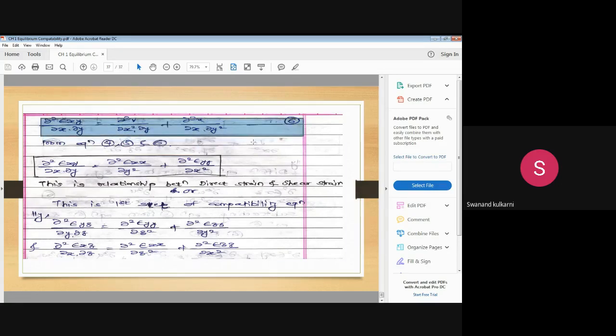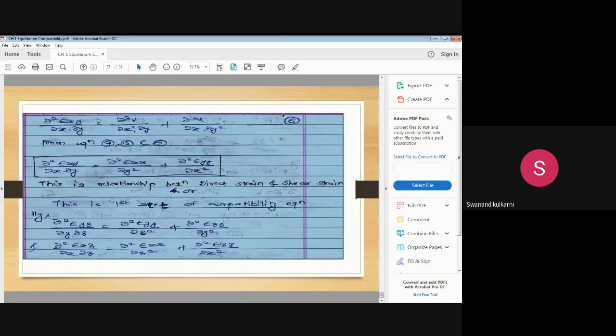So that will be represented here with equation number 6.